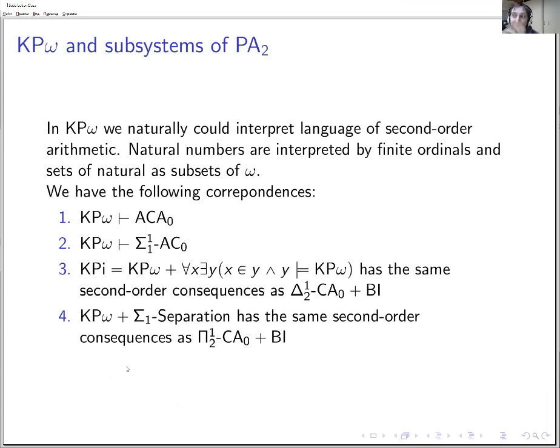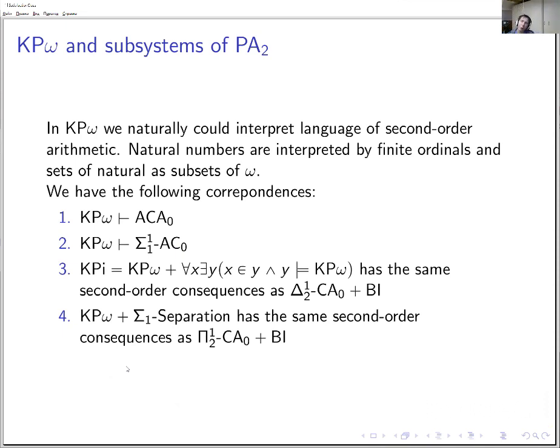So there's a program where people try to look at theories in this interval between something weak, like ACA0, up to full second-order arithmetic.